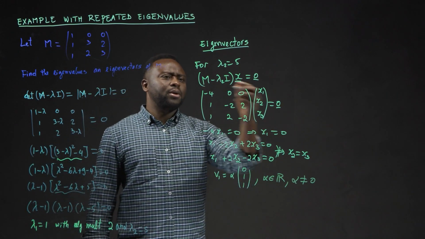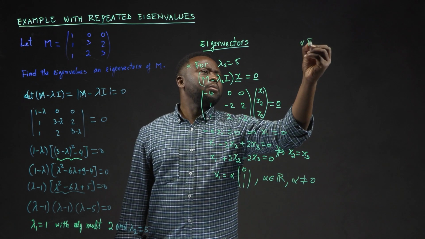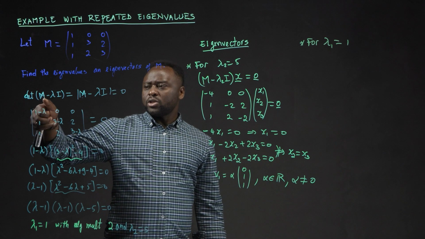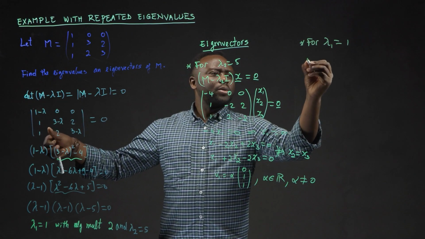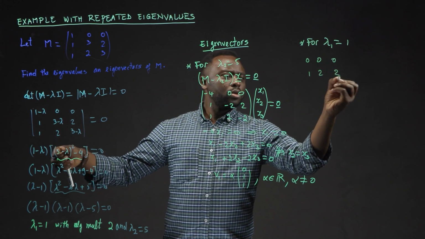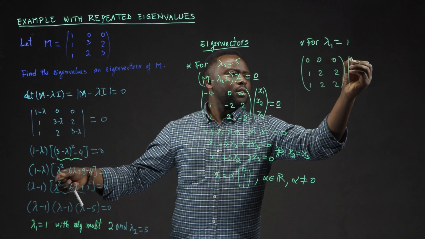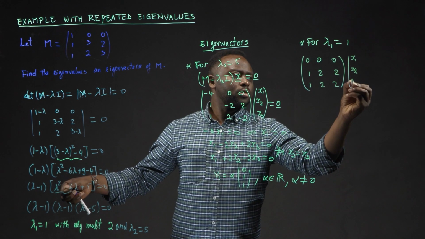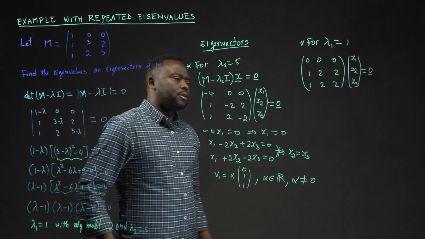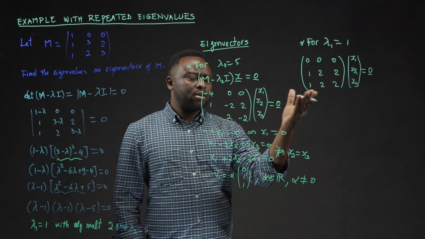That was for lambda equal 5. For lambda equal 1, again, we substitute here. With lambda equal 1, we have rows 0, 0, 0; 0, 2, 2; 0, 2, 2, multiplied by x1, x2, x3, and this is the zero vector. We can simplify this, given that the second and the third row are the same.